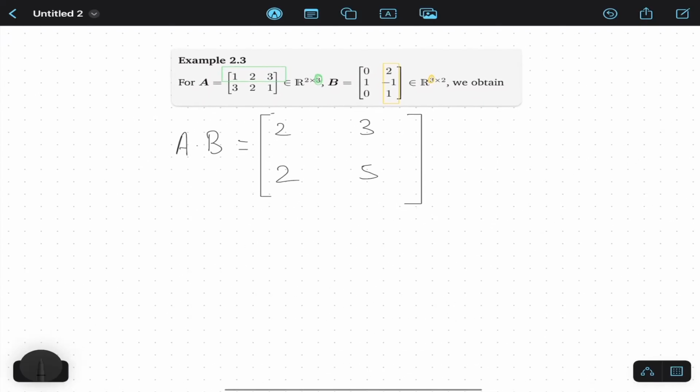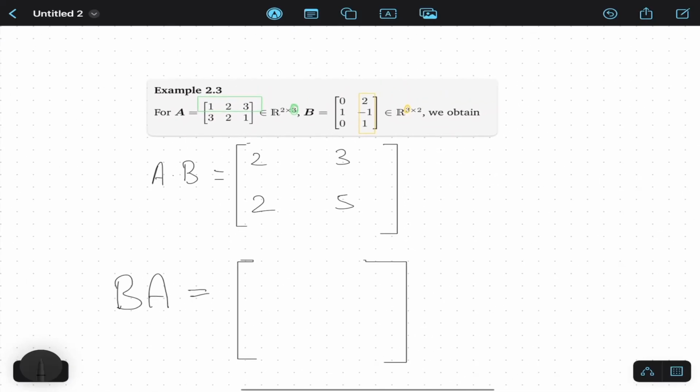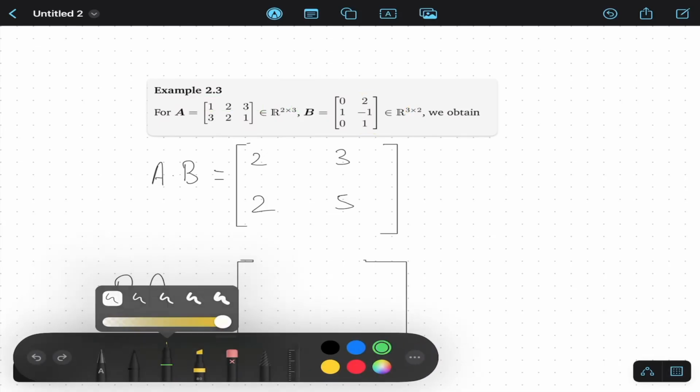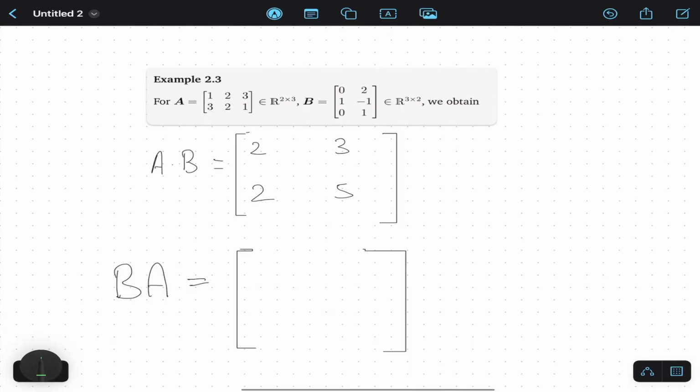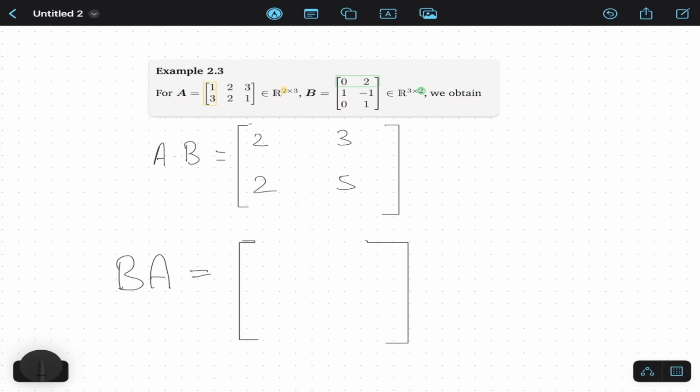Okay, let's do the second calculation. We know that the second one should be a 3 times 3 matrix. Again, we have B times A, which means we should have a 3 times 2 matrix. What disappears is the 2. And in this case, it should be this one. And on the other side, this 2 disappears, which is this one. So let's do the multiplication. We have 6.